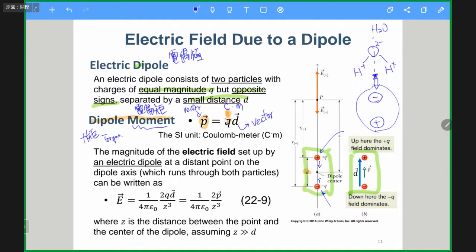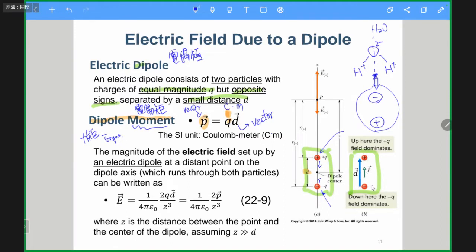The definition of this distance vector is pointing from the negative charge to the positive charge. So vector d in this figure is from bottom to top. And of course, q is a positive value, which means that p has the same direction as vector d.